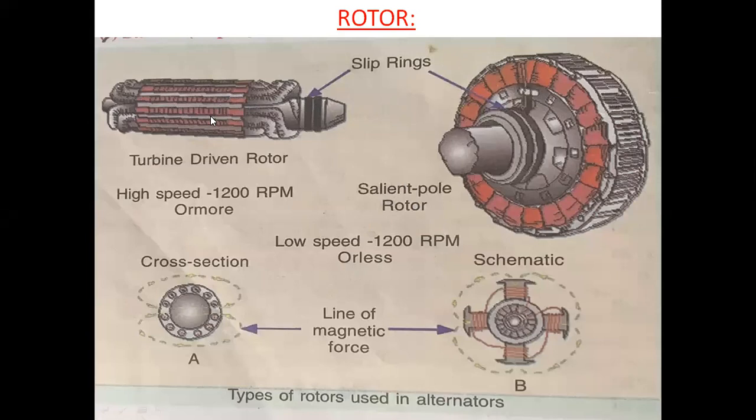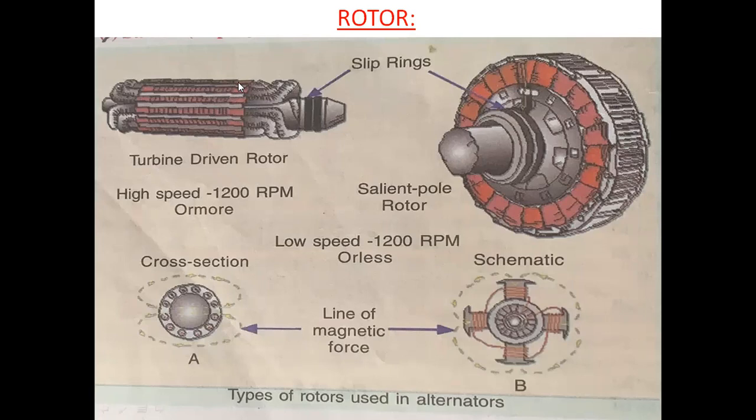The poles are slotted into the cylindrical rotor. The rotor is a steel cylinder and it has slots on the outer periphery, on the outer circumference.